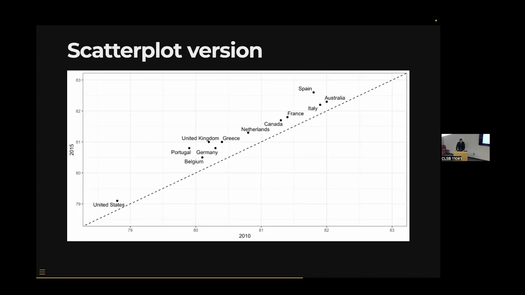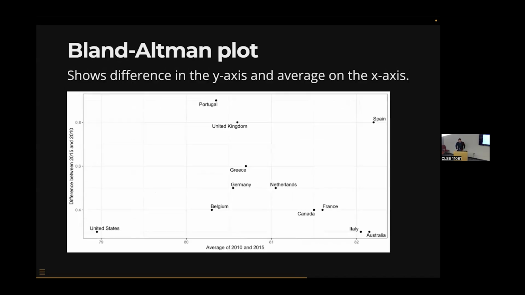So for example, if your main interest is the log ratio of the expression of two genes, then you're plotting a scatter plot of the expression, and that log ratio is like this 45-degree distance from the identity line. It's fine, you can see it, but what the Bland-Altman plot does is put what you care about on the y-axis. These are also called MA plots in genomics, but this is the original name.